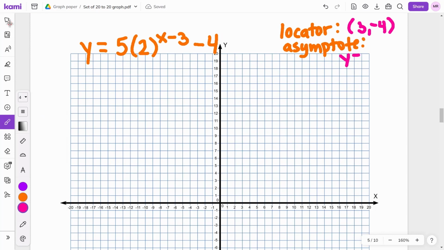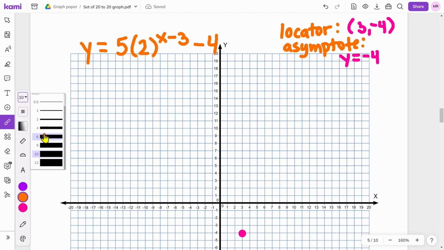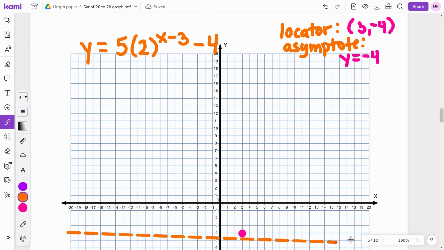So I am going to put a locator point at 3, negative 4, and then draw my asymptote through there. Okay, so 3, negative 4. So that's going to be right here. I'm going to draw my asymptote through there. Okay, so get my horizontal line.